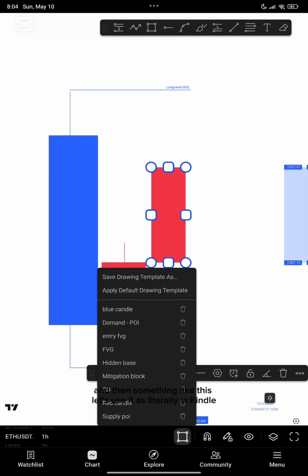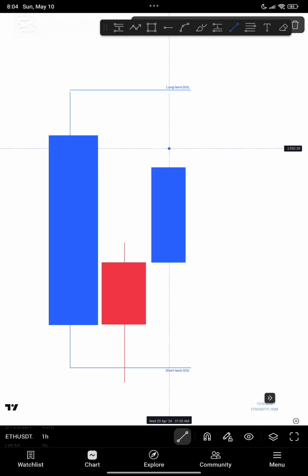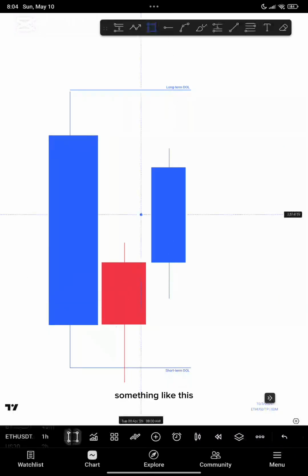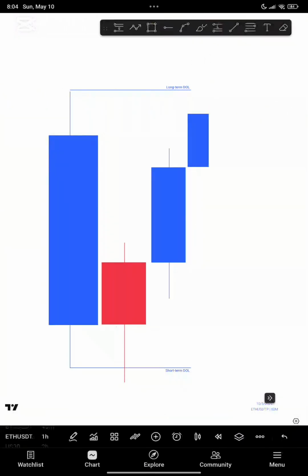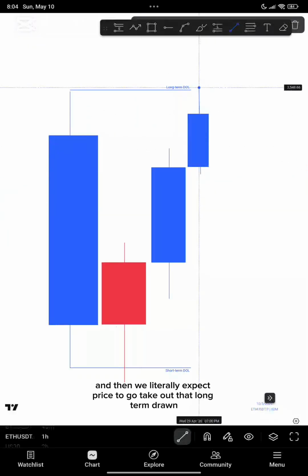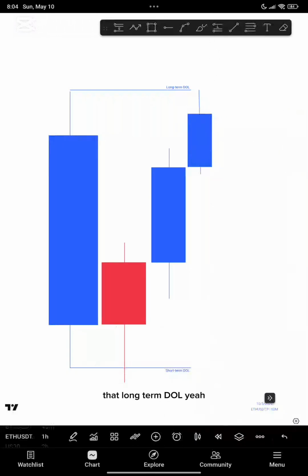Let's use the blue candle. You actually expect price to go take out that long-term DOL here. So the concept is very simple here.